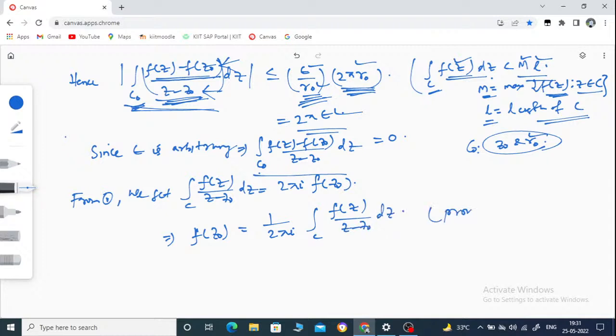Okay, so this is your Cauchy's integral formula. Now using this formula I will do a problem.